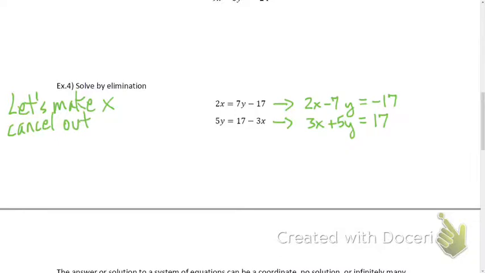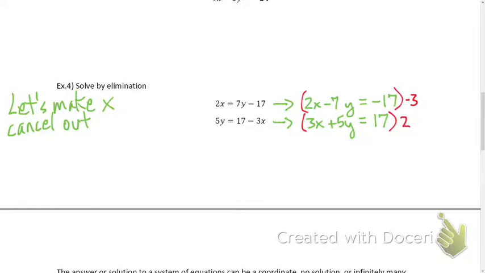So starting out, it doesn't look too bad. Let's pick a common multiple. Let's make them 6 and negative 6. If I multiply this by negative 3 and this by positive 2, I'll get some 6's and I can cancel things out.